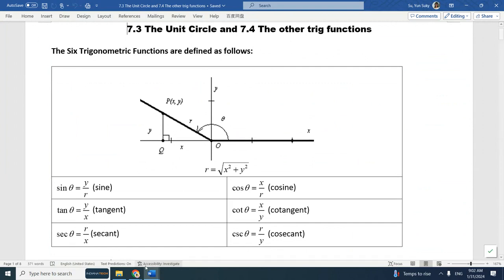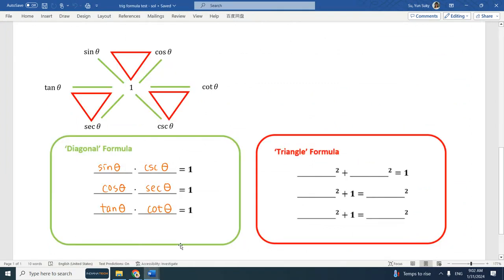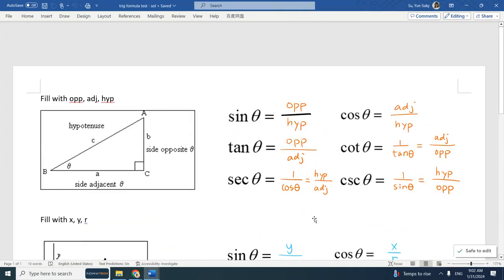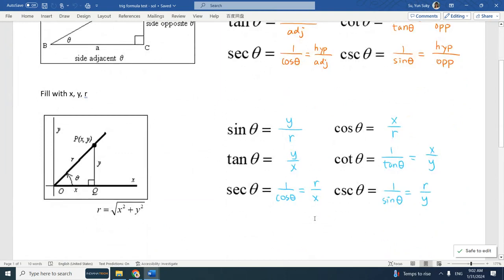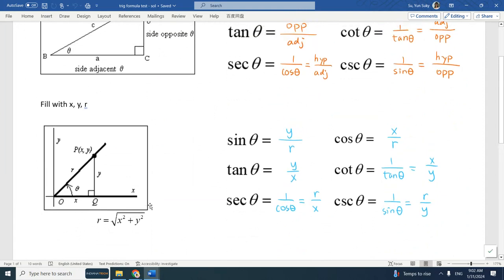I just gave you back this worksheet, right? You fill in opposite, hypotenuse, and adjacent. And this one, you fill in x, y, and r. This picture is for when the angle is in the first quadrant.